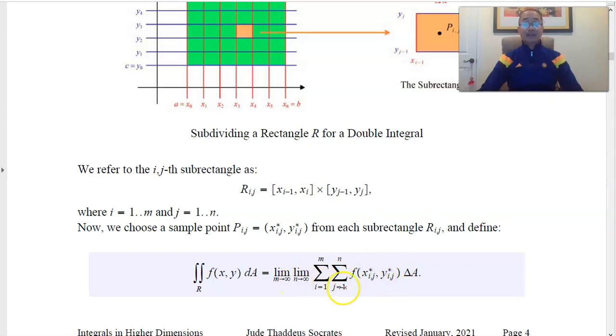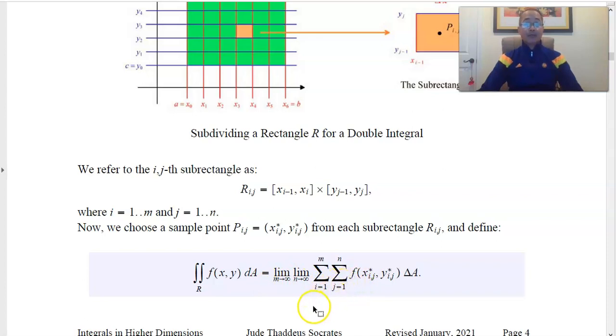Take that double limit, and that becomes our double integral. So today we are going to apply this now to a polar rectangle, which will be the domain of our function in two variables, okay?